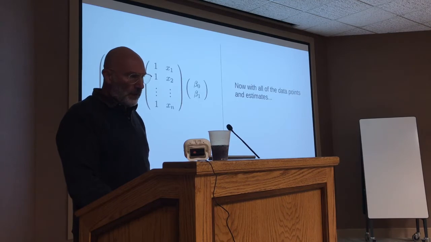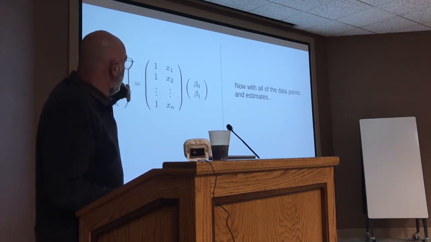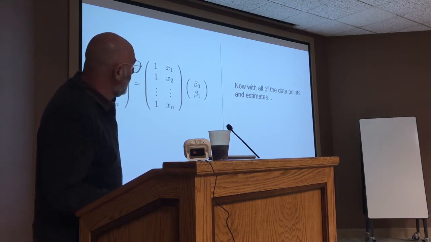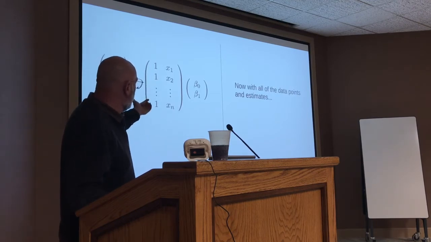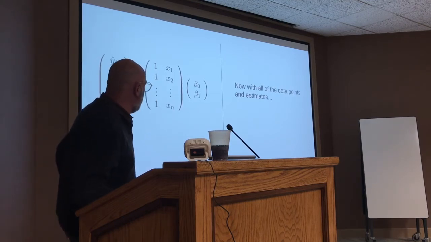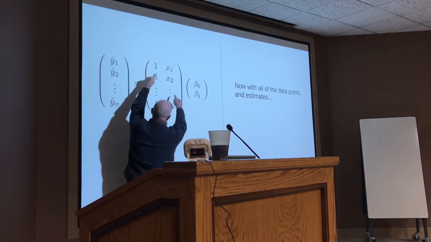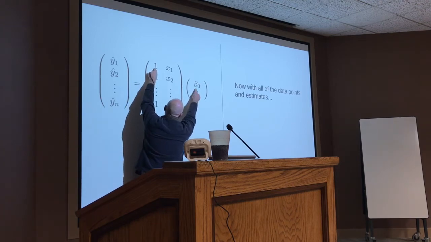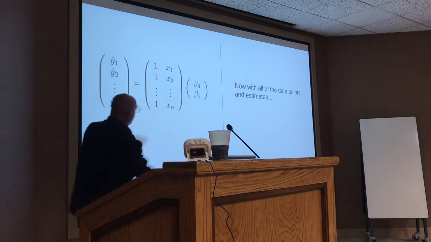If you've got a bunch of data, you can lump them together in a matrix equation. We've got a bunch of measured y values. I put hats on them because we're estimating; these aren't going to exactly reproduce the y values, probably. And then those are our exactly measured data values, x. If you do matrix multiplication, it's 1 times b0 plus b1 times x, and that's y1, and you just keep going down like that.